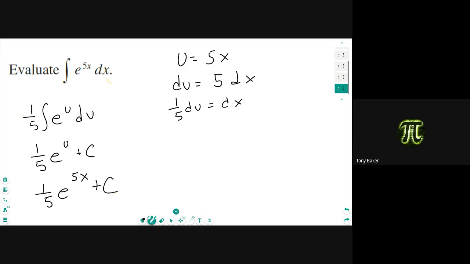So in essence, now if I asked you to find me the integral of e to the 10x, we could just follow the pattern and go, okay, that's going to be that.